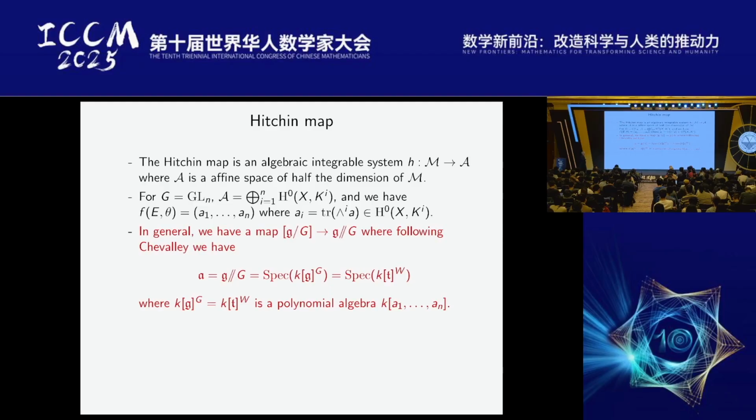Of course, one is the spectrum of the ring of G-invariant functions on the Lie algebra, but you can also see it as W-invariant functions on the Cartan subalgebra. We also know that this ring of invariants is a polynomial algebra, right? And a_1, a_2, ..., a_n are homogeneous, with degrees given by the exponents of the Lie algebra, right? In the case of GL_n, 1, 2, 3, and so on.